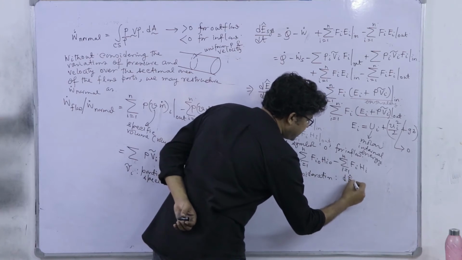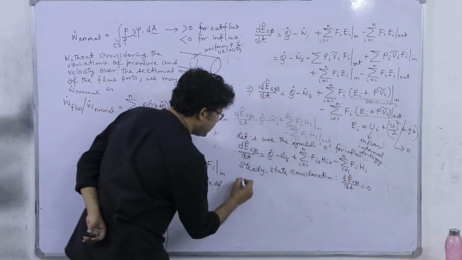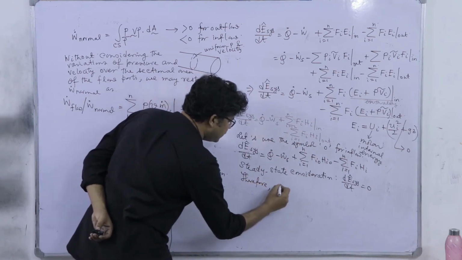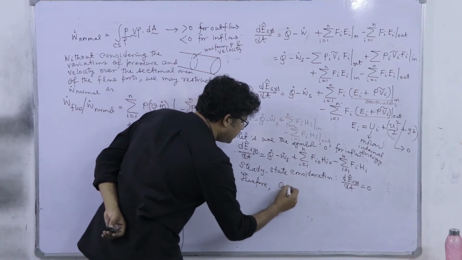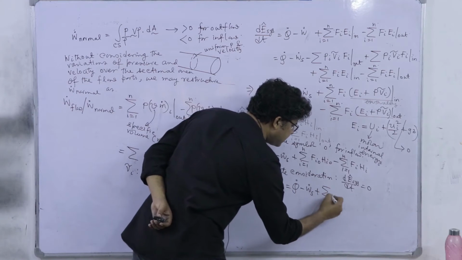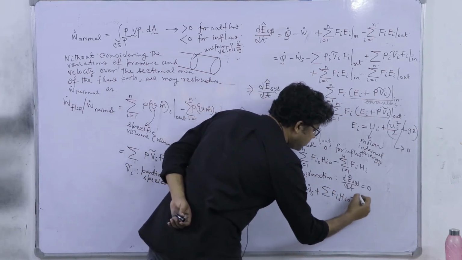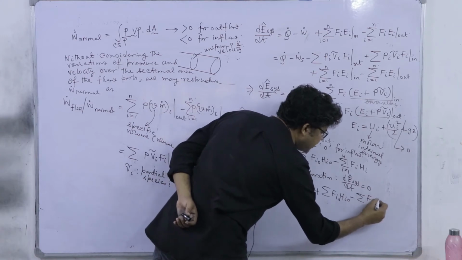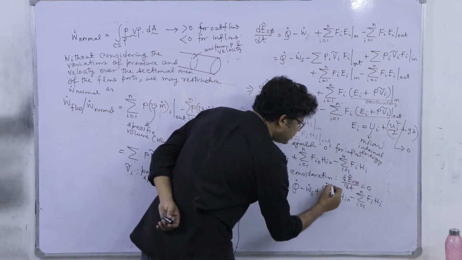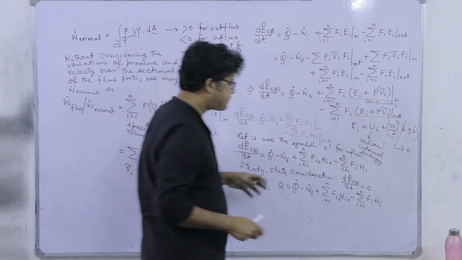So we definitely have d system dt equal to 0. Therefore, our equation reduces to 0 equal to q dot minus w dot s plus summation Fi0 Hi0 minus Fi Hi, i equal to 1 to n. So that's the steady state equation.